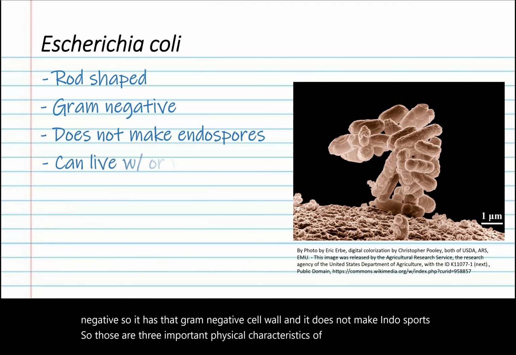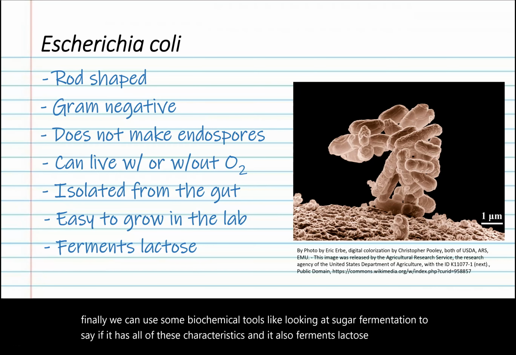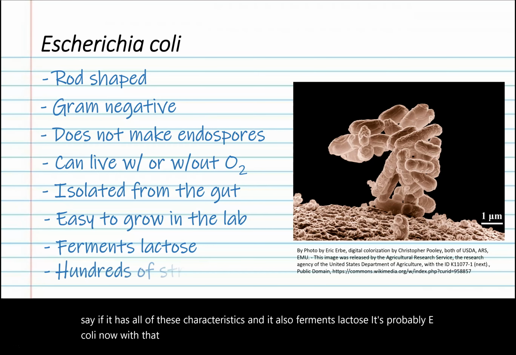And then finally, we can use some biochemical tools like looking at sugar fermentation to say, okay, well, if it has all of these characteristics and it also ferments lactose, it's probably E. coli. Now, with that said, there are hundreds of strains of E. coli. So even though we've defined this species of E. coli, we've got this list of characteristics that makes it E. coli, there are so many different strains of E. coli, and frankly, there's a lot of genetic diversity within this single species.